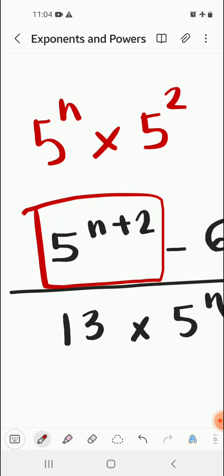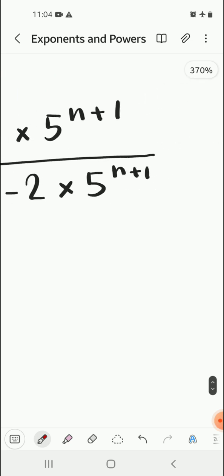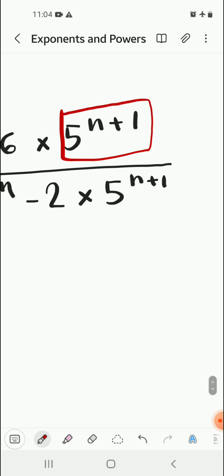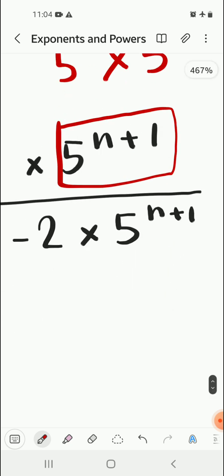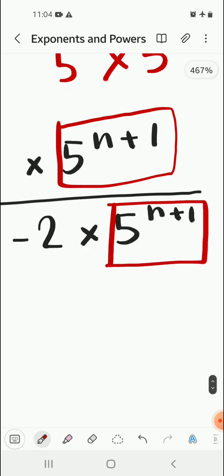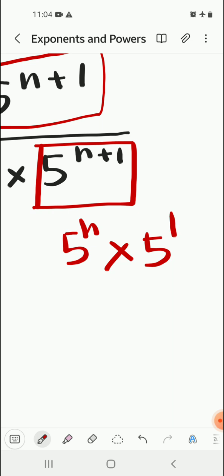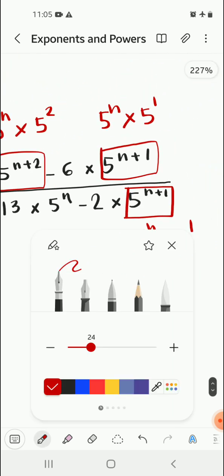Similarly, when we come across this over here, it also means 5 to the power n into 5 to the power 1. Similarly, 5 to the power n plus 1 means 5 to the power n into 5 to the power 1. That's it. So all the derivations we have written.